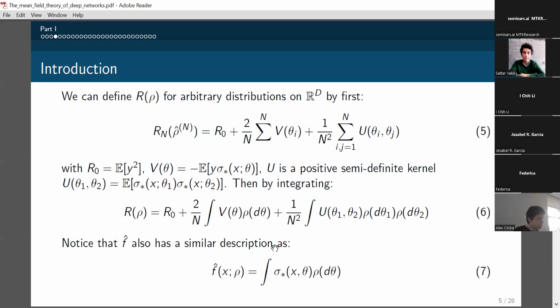Okay, so why is this interesting, and why does this have any connection to the, let's say, finite time dynamics of the system?